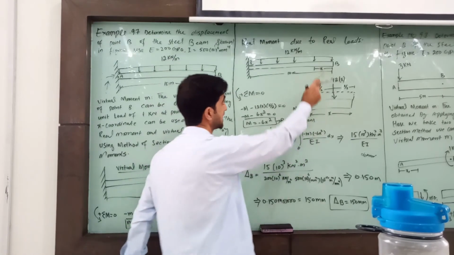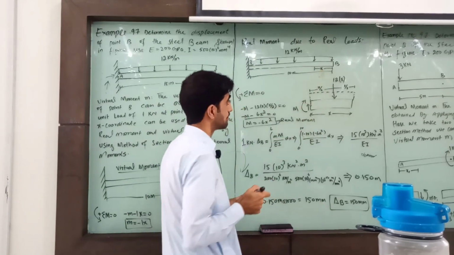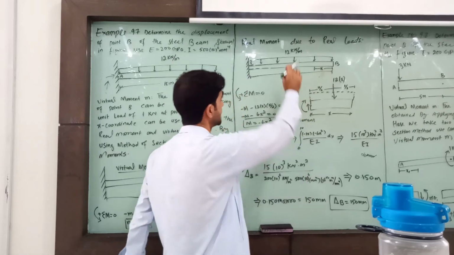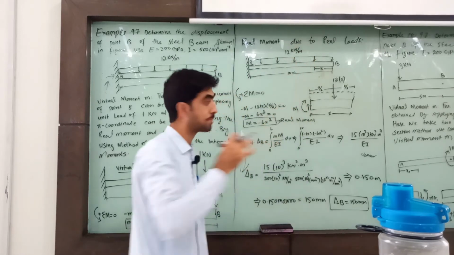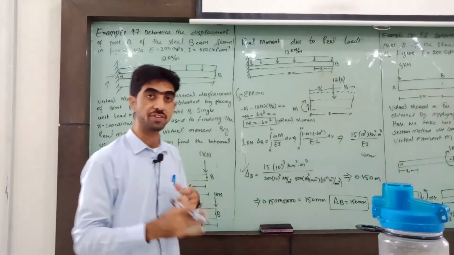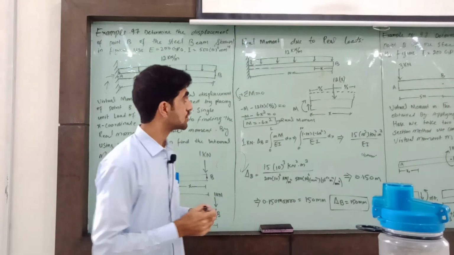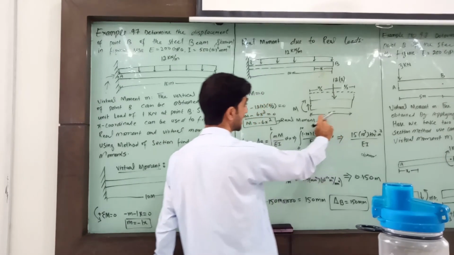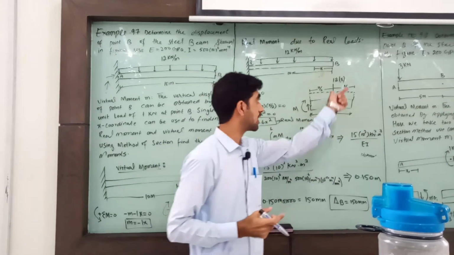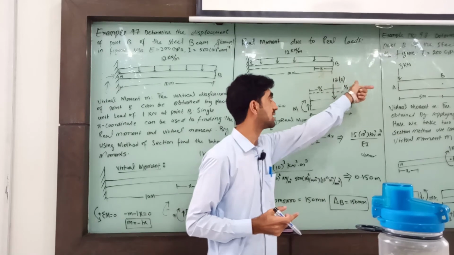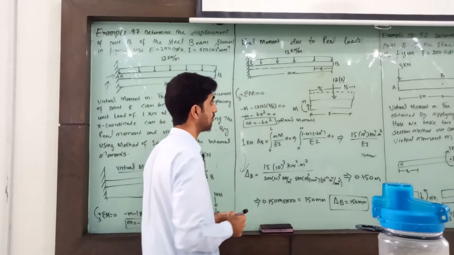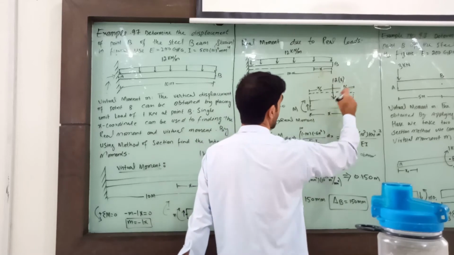So we just take a section. This is the UDL load applied on this beam. When we convert the UDL load to a point load over the distance x, the total distance is x, so the point load acts at x divided by 2 from each side.